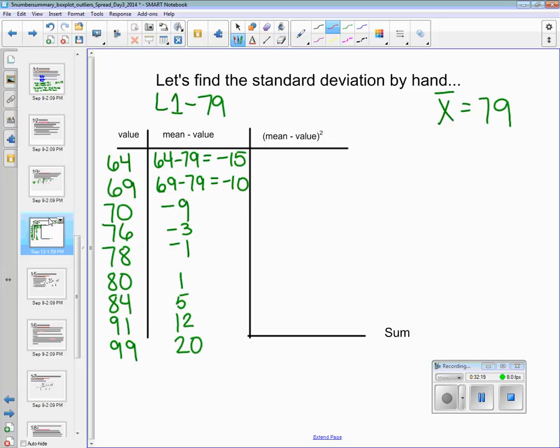All right. So now what do I do with those numbers? According to the formula, after I subtracted them, I do what with each of those values? Square them. So negative 15 squared. Okay? Negative 10 squared. Oh, surely, Miss Mackert, there's an easy way to populate this table as well. Of course there is.